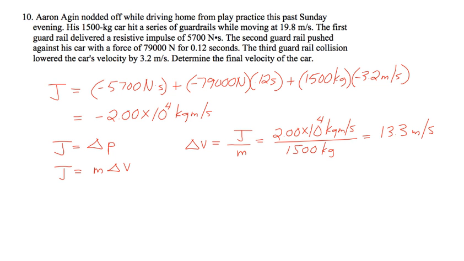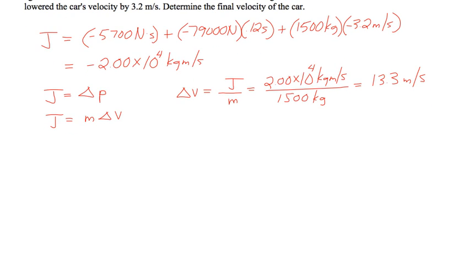Well, we also know that change in velocity is the final velocity minus the original velocity. I know what the original velocity is, and I'm looking for the final velocity. So if I move this term to the other side to solve for the final velocity, I get that the final velocity equals the original velocity plus the change in velocity.